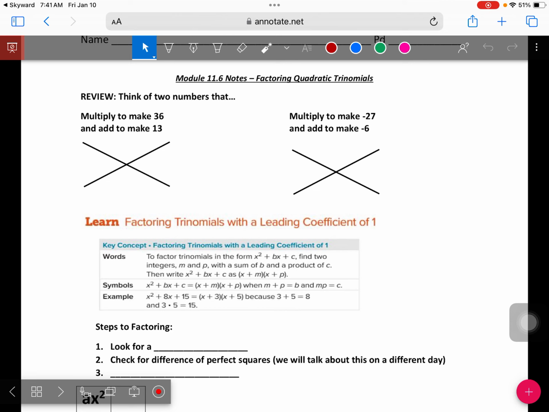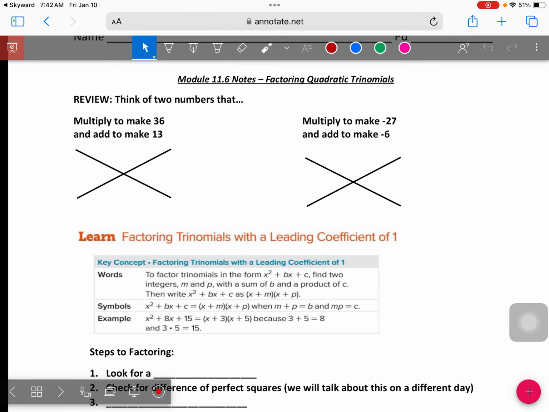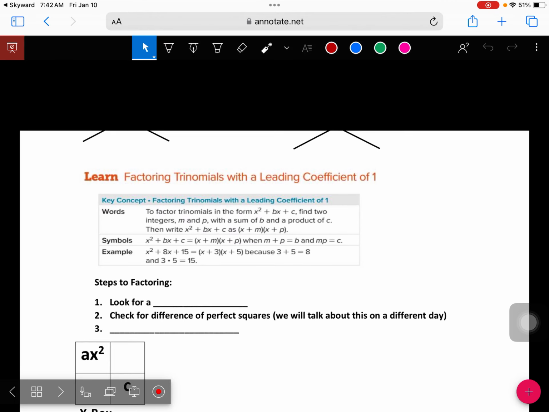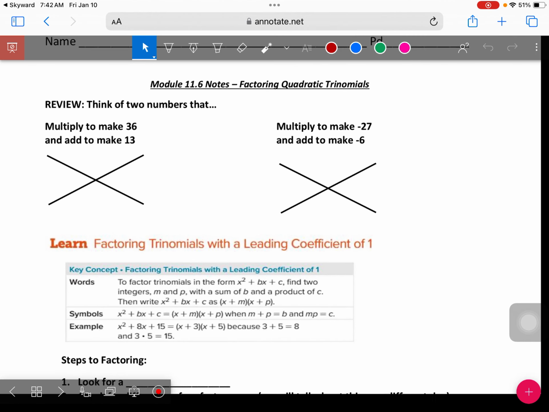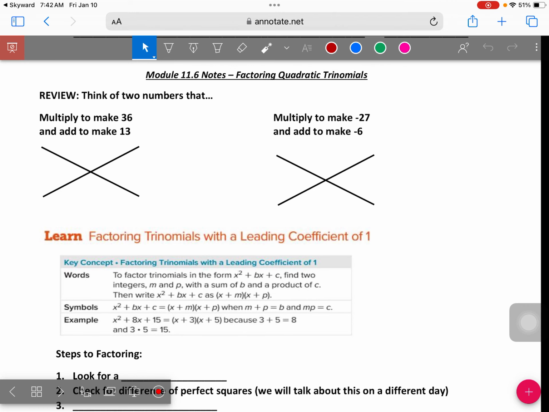So it says review, but I don't know that we ever did this. I know, right? Okay. We're going to be making some of these X's, and these X's are already at the top of your page 7. Okay? This is 11.6, factoring quadratic trinomials.